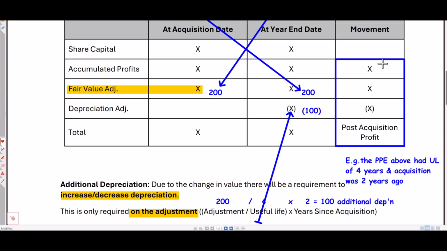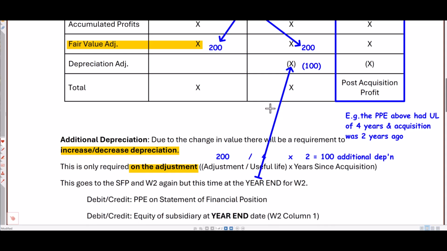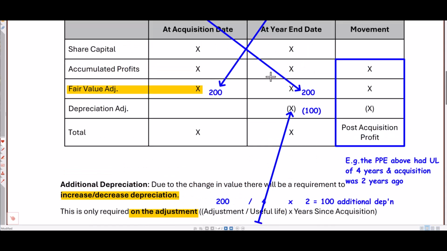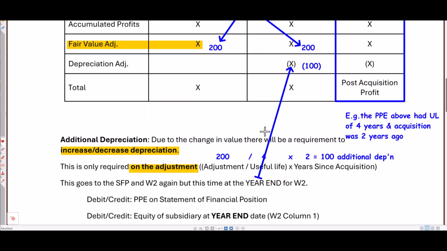Okay, so it'll all work out and give us the post-acquisition profit, including the additional depreciation, which of course will hit the P&L. So we just follow these steps and this will give us the correct answer. So we need to adjust the asset at the acquisition date and the year end date. We need to allow for additional depreciation up to the year end. We add it all up and that will give us our post-acquisition profit.